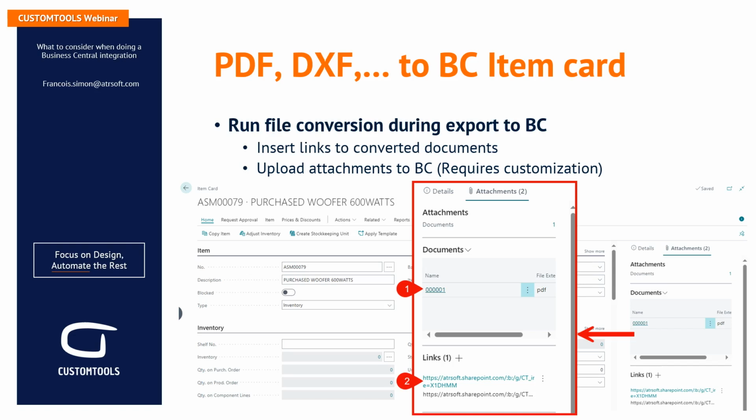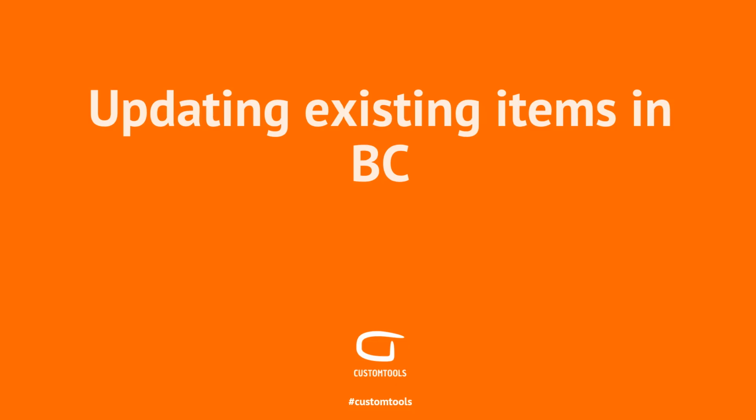With the same code unit, we can also insert links to converted files from SOLIDWORKS. For example, during an export, you can convert your drawings to PDF and insert a link to the PDF file in the item card in BC. It is also possible to attach the converted files directly to BC, but due to space limitations, most of our customers prefer to only include a link.